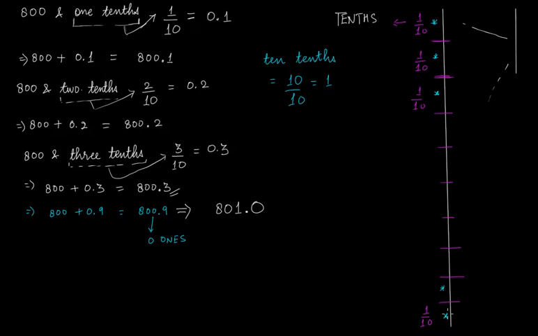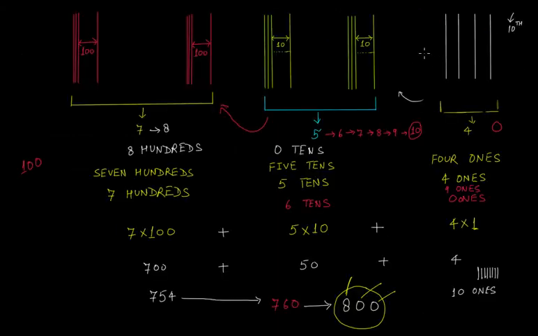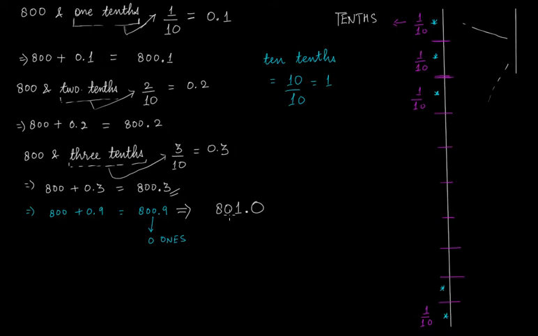But as soon as you were given this 10th portion also, that means now you are having one complete line segment. That means this will shift into this group, that is of the ones, and now you are having 801. That is, now you have 1 ones and 0 tenths. Now you don't have any tenths. That is 801.0.